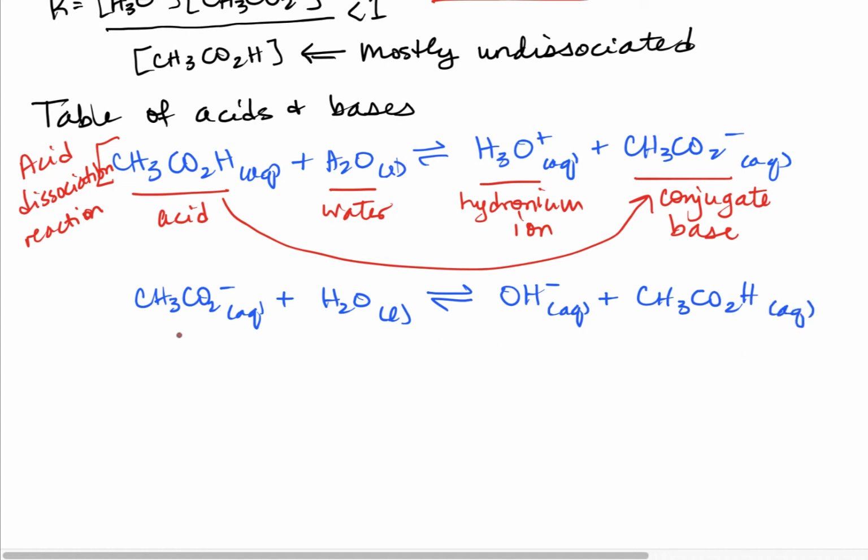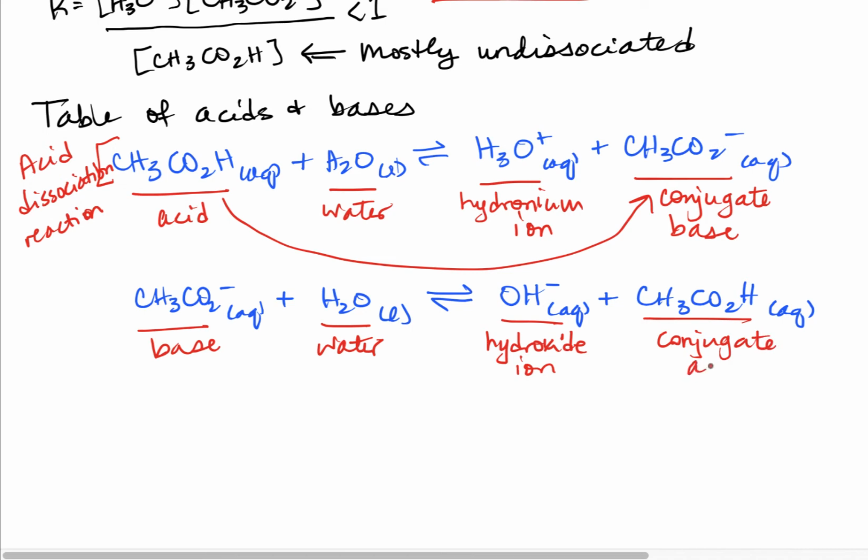So just like we had before, here's our base, here's our water, here's our hydroxide ion, and here's our conjugate acid. And this is a typical base hydrolysis reaction.